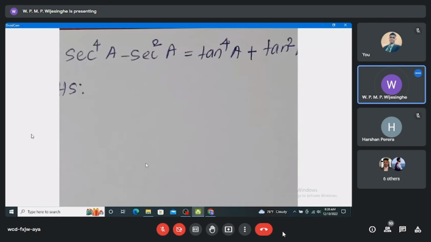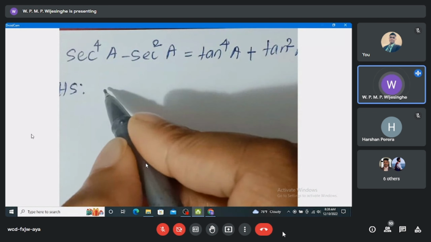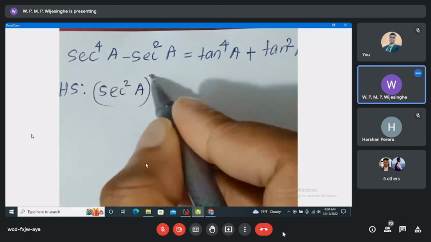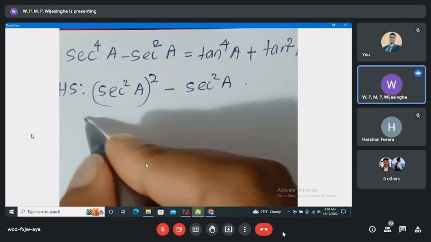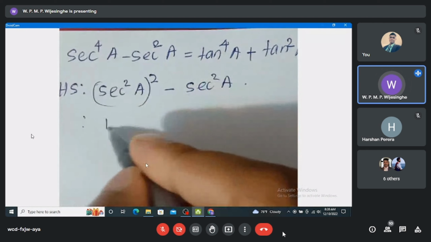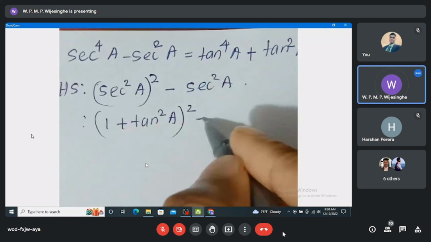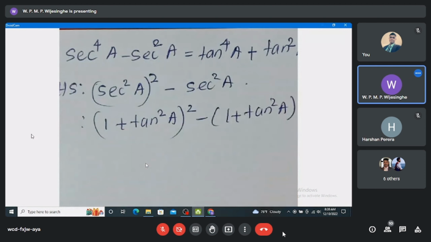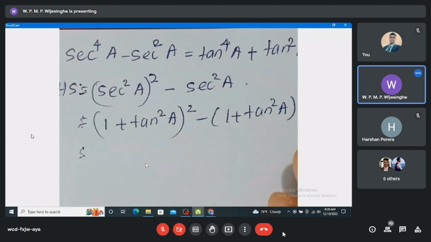Then I'm going to use this relationship here. Here I can write sec square A squared minus sec square A. Then inside this bracket I can write 1 plus tan square A, squared, minus 1 plus tan square A. Right? Then expand this expression. Right?